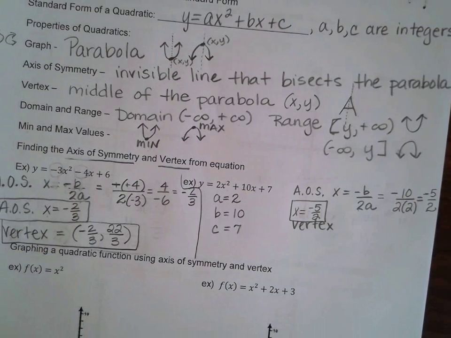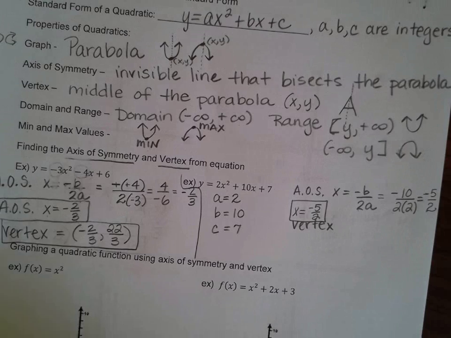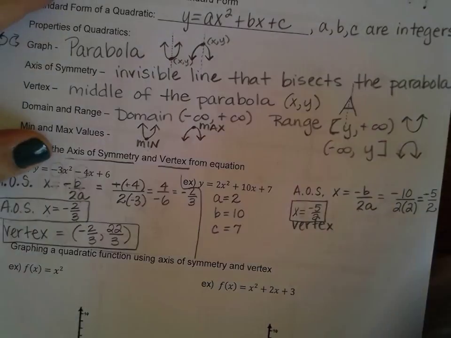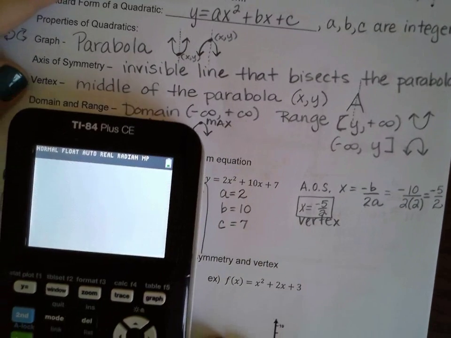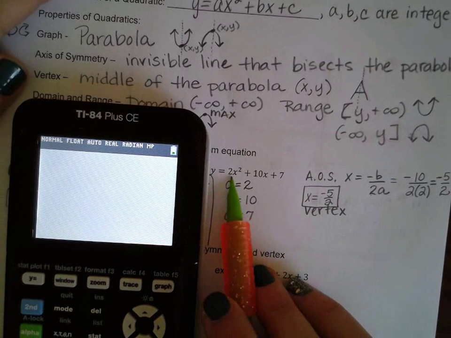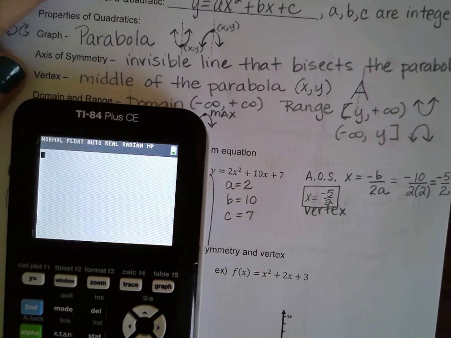That part's done. Now, to find the vertex, we're going to plug in that negative 5 halves everywhere that we see an x in our equation. So I'm going to come over here. This is our equation, 2x squared plus 10x plus 7.